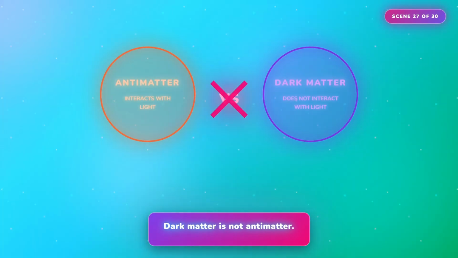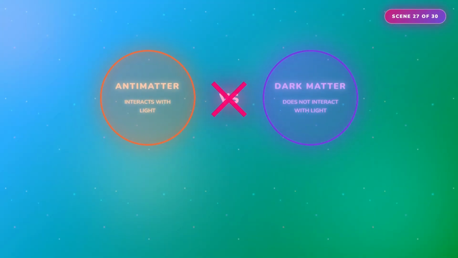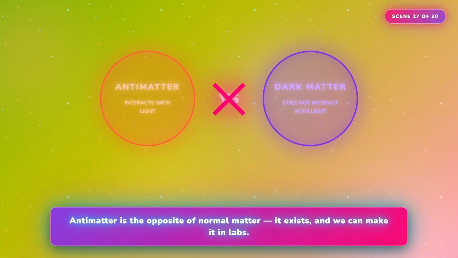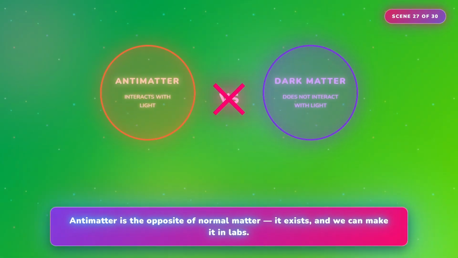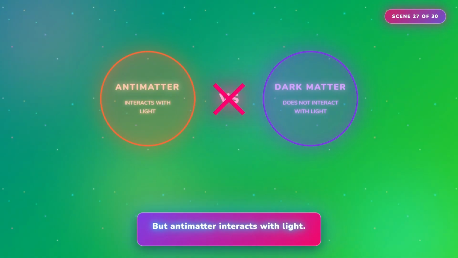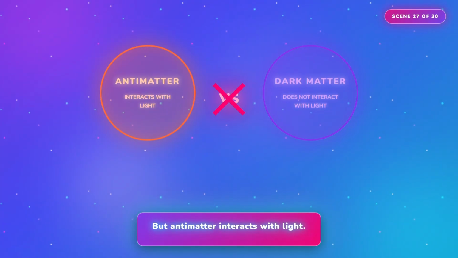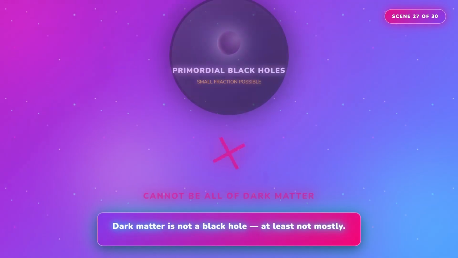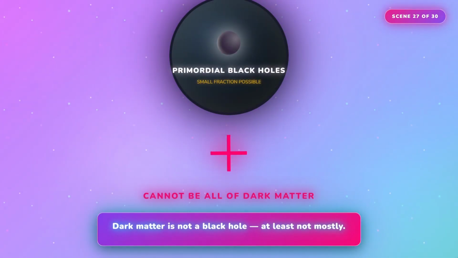Dark matter is not antimatter. Antimatter is the opposite of normal matter. It exists, and we can make it in labs. But antimatter interacts with light. Dark matter does not.